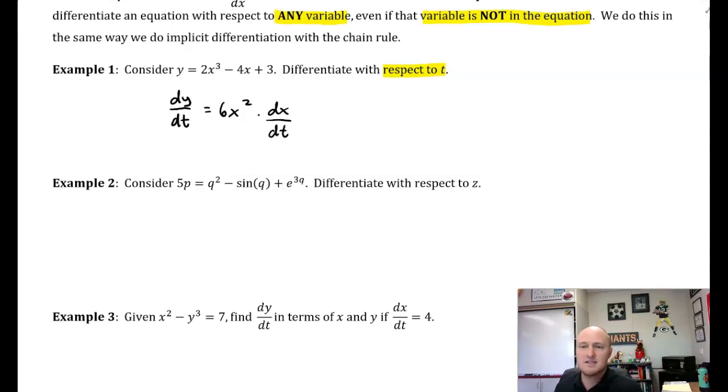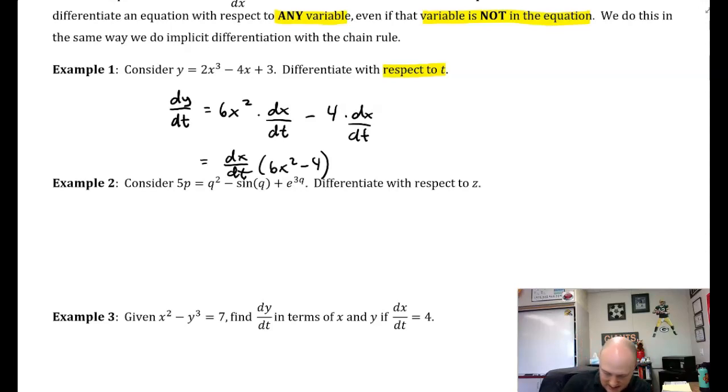Now I'm treating x as if it were a y when we were differentiating in the example above. Minus the derivative of 4x, that's minus 4 times, again, dx dt. If you wanted to simplify this, you could factor out your dx dt times 6x squared minus 4. So that is differentiating with respect to a variable that is not present.